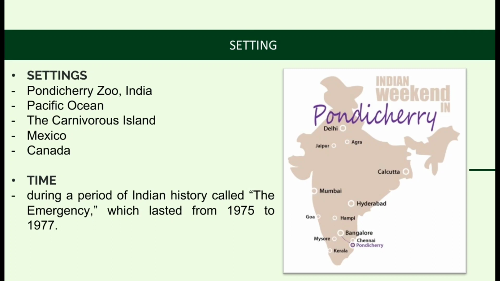Pi and Richard Parker eventually land on a mysterious island that is not what it seems. Then they leave after they discover that the island eats humans and that the island is carnivorous. Pi is rescued by a passing ship and taken to Mexico, where he tells his story to officials who do not believe him. He returns to Canada where he struggles to adjust to life after his traumatic experience.